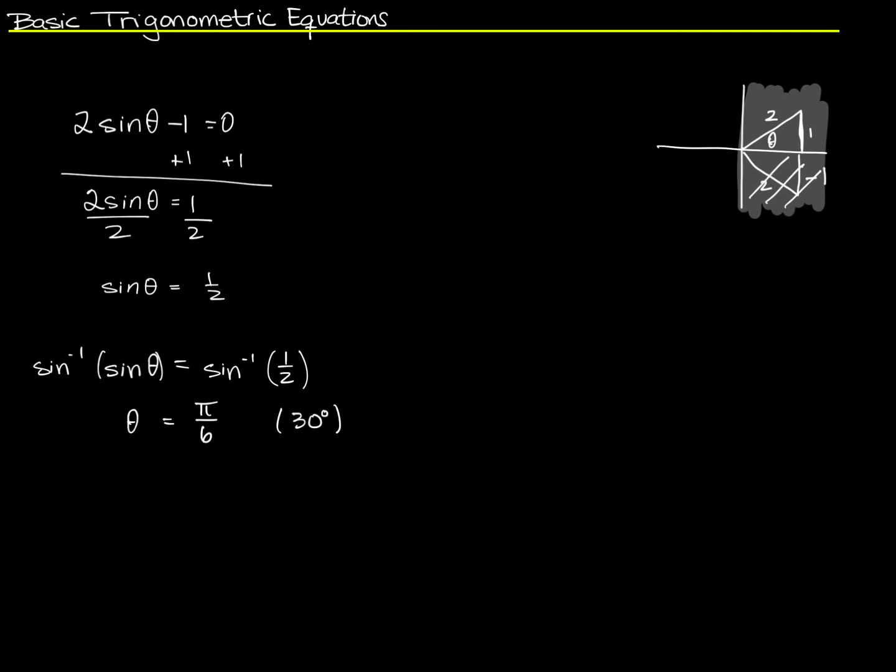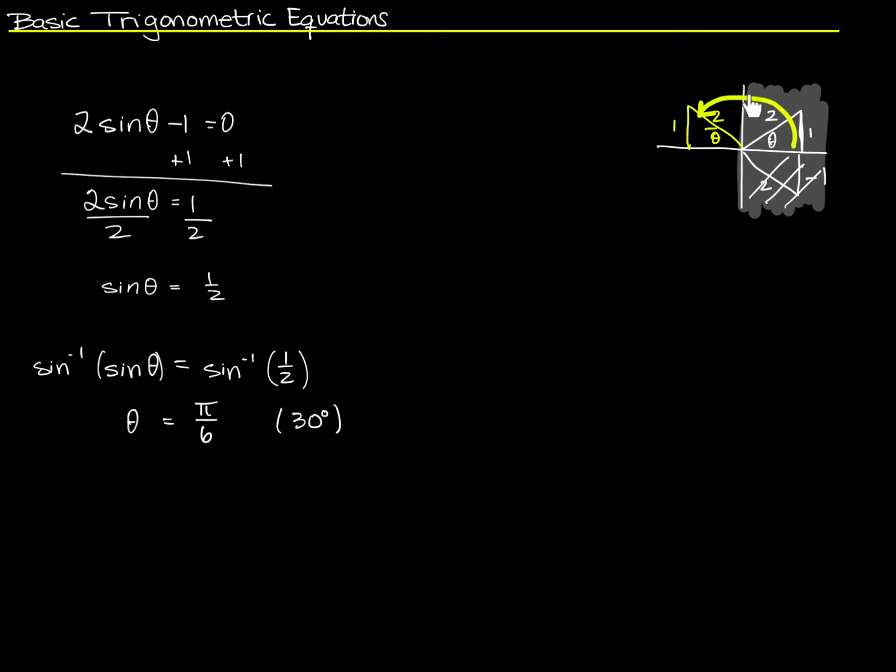But as it happens, there's another solution in quadrant 2. In quadrant 2, the opposite is also positive. So there's another angle, one in quadrant 2. That's this one here, remember. Not just theta bar or theta prime, the reference angle. So now we want to find what this angle is. The reference angle is the same size. The sine of this angle is 1 over 2, 1/2. So the size of theta prime, or theta bar, is also pi over 6.